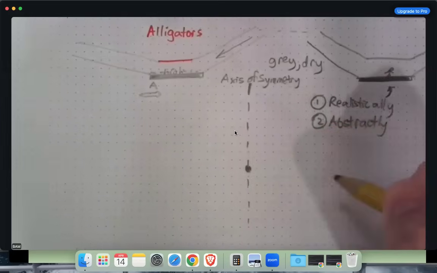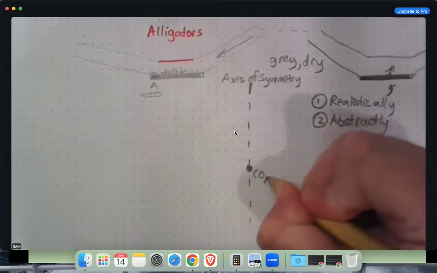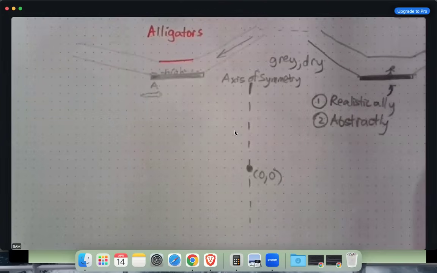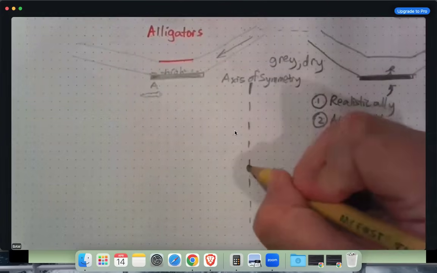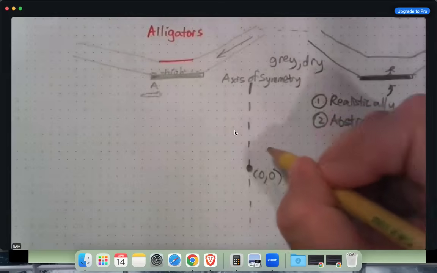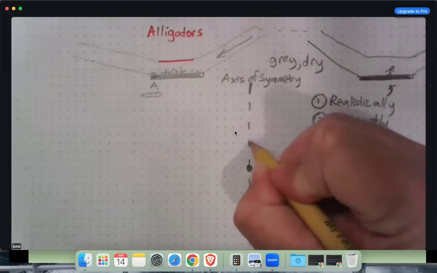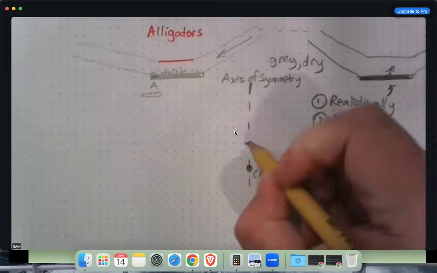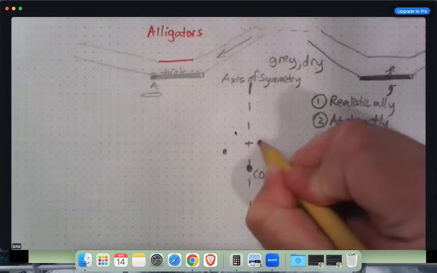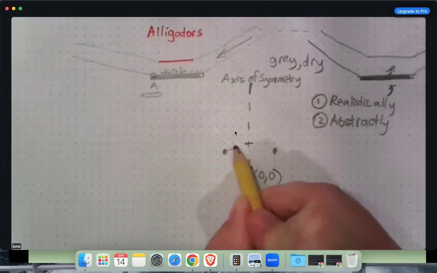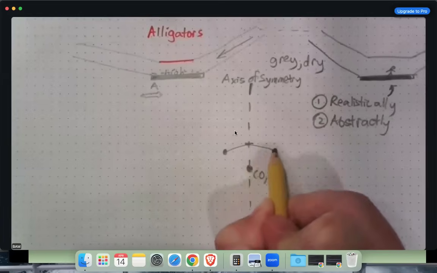So down here we have the origin, and I'm going to draw this in 2 dimensions. And what I want to do is draw some parabolas. We have what I call sad parabolas.